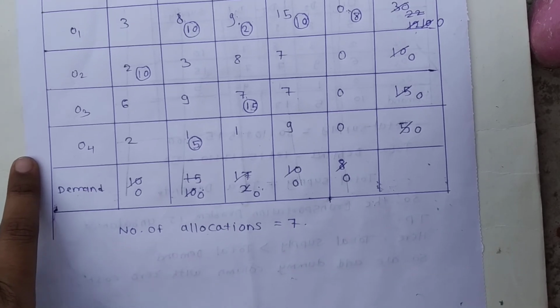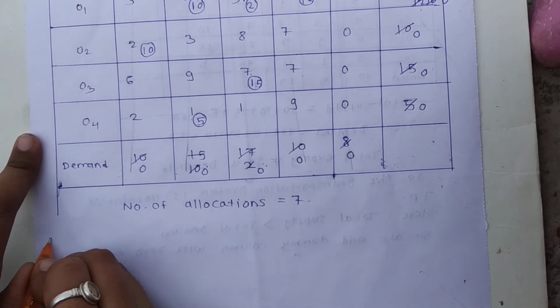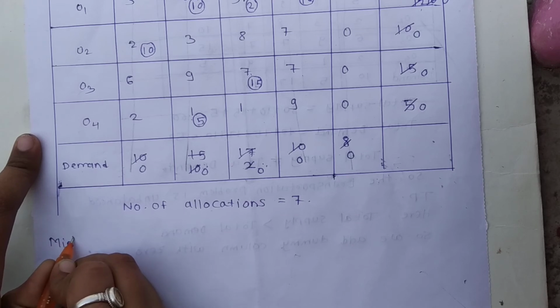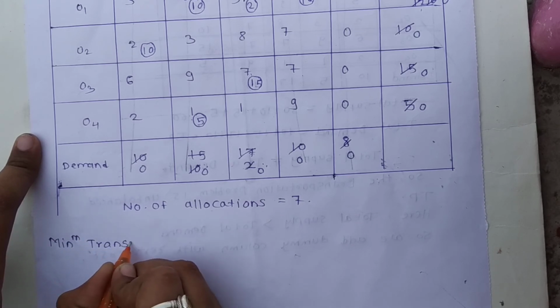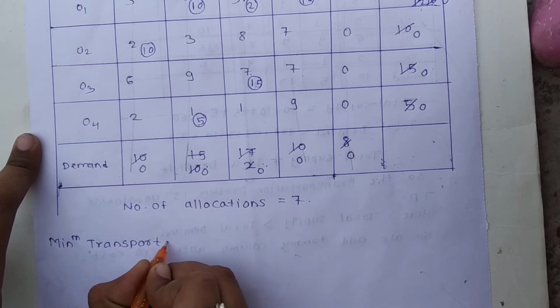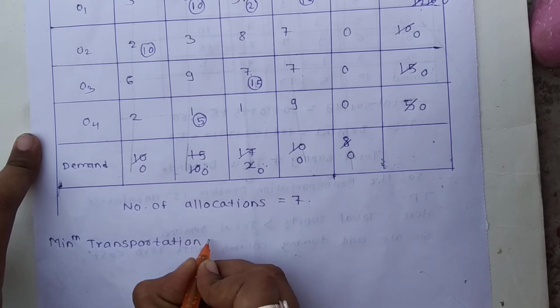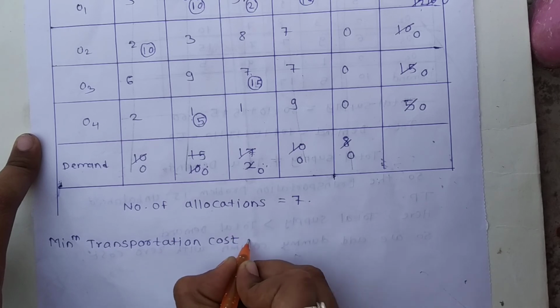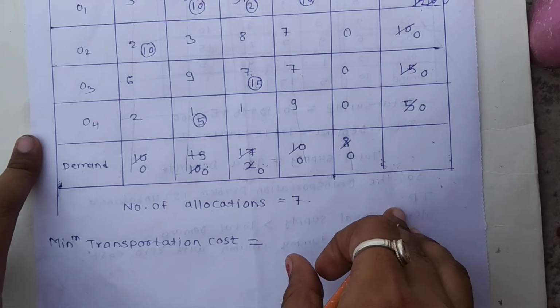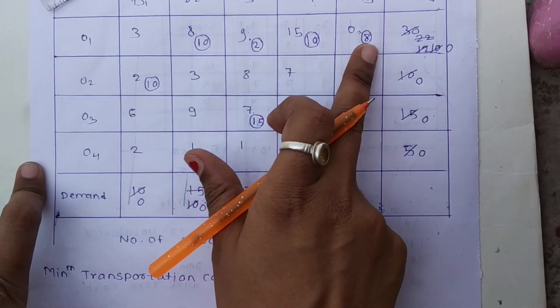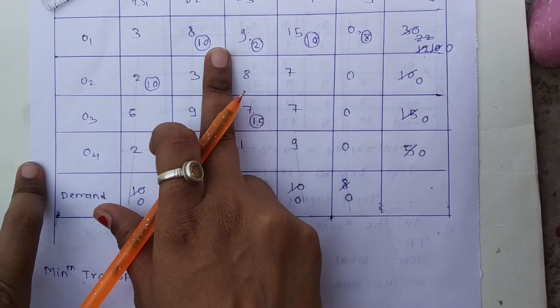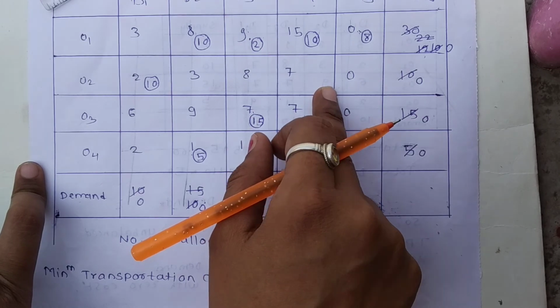Now to find the minimum transportation cost. The allocated cells are 7. In the first row there are 4 allocated cells.